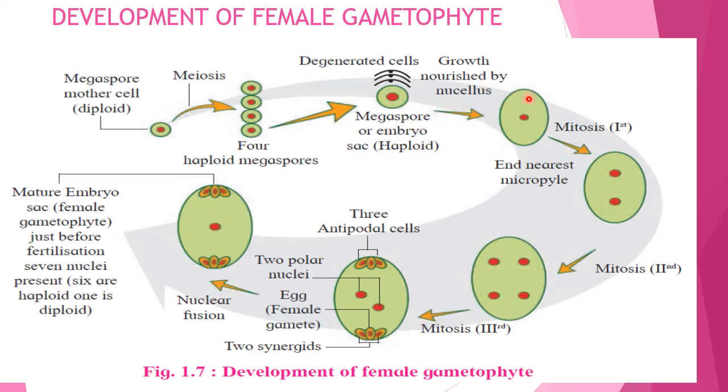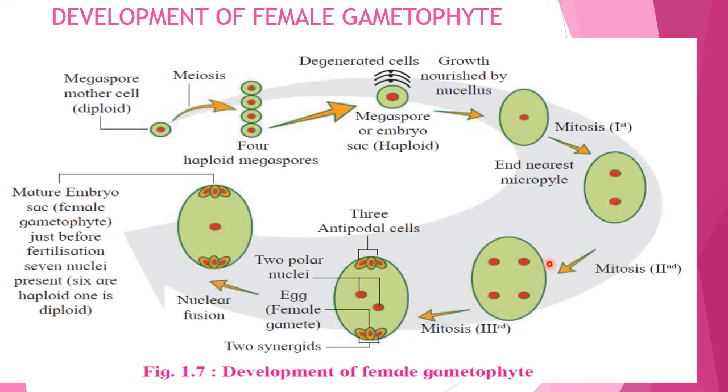Now that megaspore enlarges in size. We can call this megaspore the first cell of the female gametophyte. Then this megaspore undergoes 3 successive mitotic divisions. The first is actually a nuclear division, only free-nuclear division taking place. So 2 nuclei are formed by the first division.